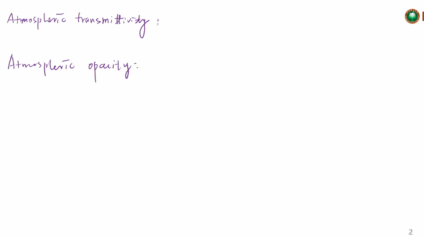The first one is when the radiometer wants to observe the properties of the land, ocean, or space, or air. So it needs to propagate through the atmosphere. So it needs the transmittance, the transmission.